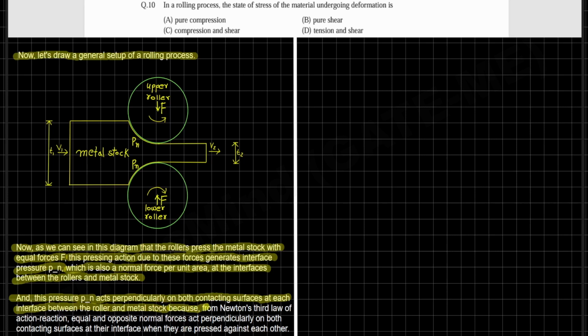Because from Newton's third law of action reaction, equal and opposite normal forces act perpendicularly on both contacting surfaces at their interface when they are pressed against each other.